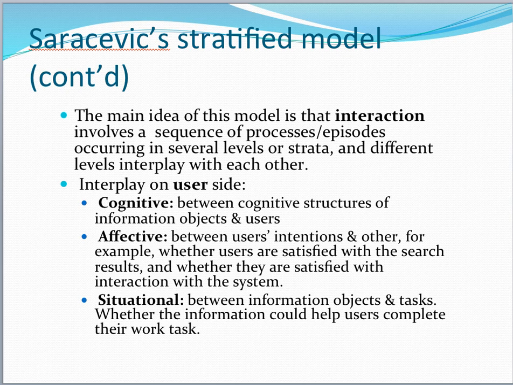Cognitive: between cognitive structures of information objects and users. Affective: between users' intentions and other factors, for example whether users are satisfied with the search results and with the interaction with the system. Situational: between information objects and tasks, whether the information could help users complete their task work.